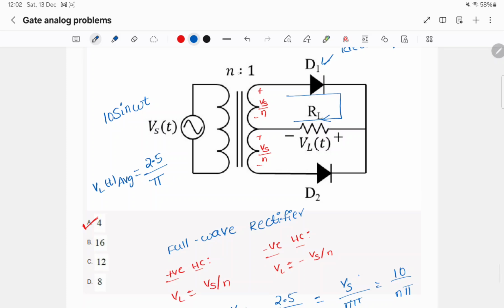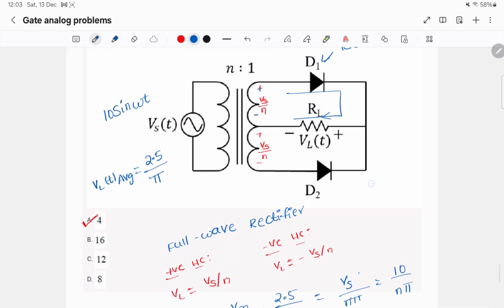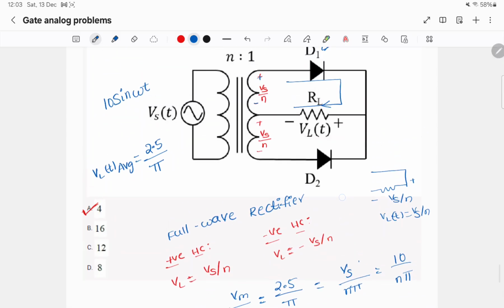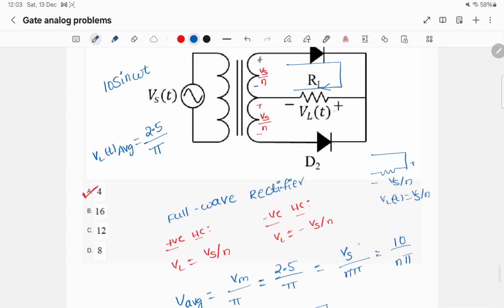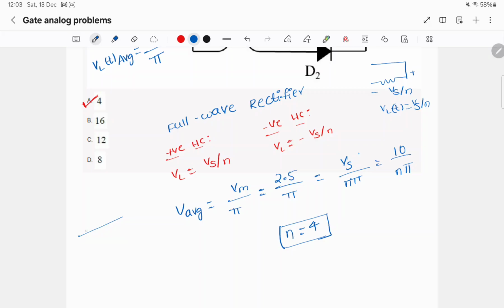Since it is step down transformer by N, here if the voltage is Vs, the voltage across this node potentials is Vs by N. Similarly, here also it will be Vs by N. In the positive half cycle, this will look like this, this plus this minus, Vs by N. VL of t is Vs by N. In the negative half cycle, VL of t will be minus Vs by N. In the negative half cycle, the value of Vs will be negative, so it will be a full wave rectifier.